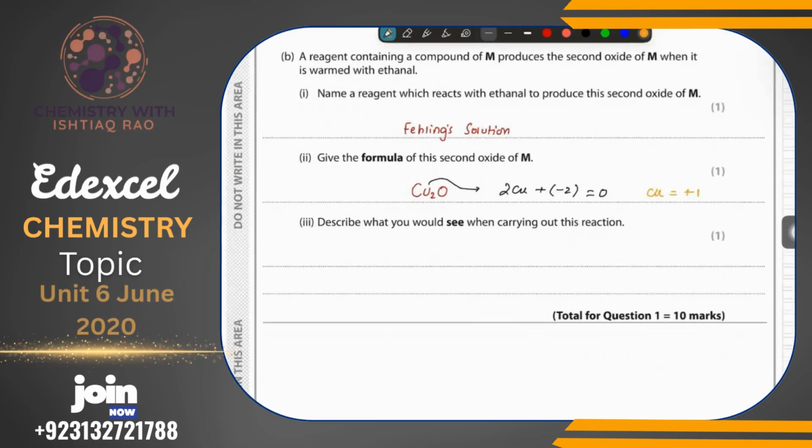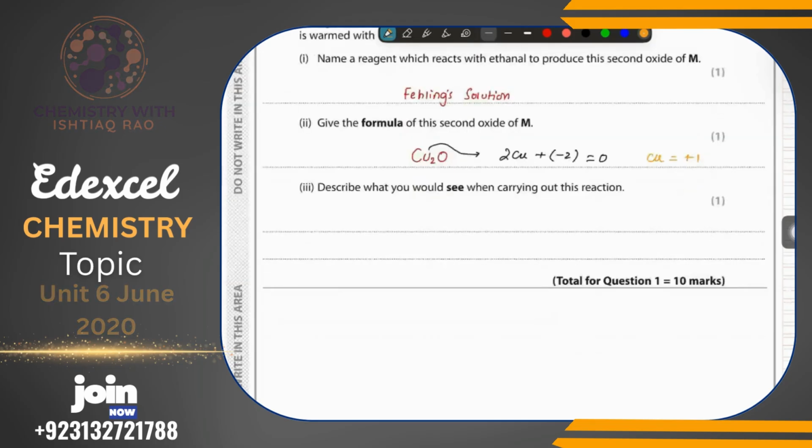Describe what you would see when carrying out this reaction. Formation of brown precipitate. Exactly, from the blue solution, right? Yes. So it's not a pure brown precipitate, it's a reddish brown precipitate.